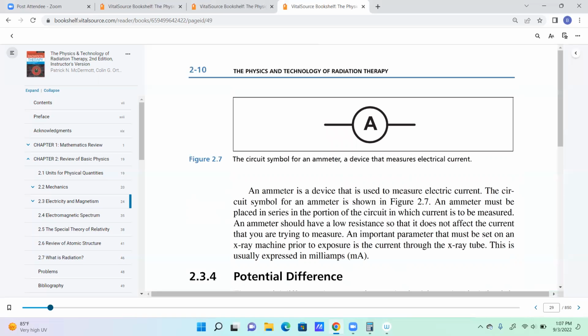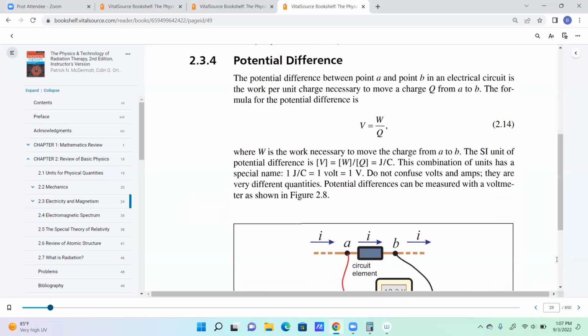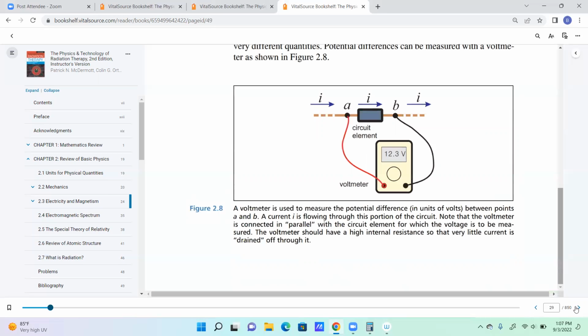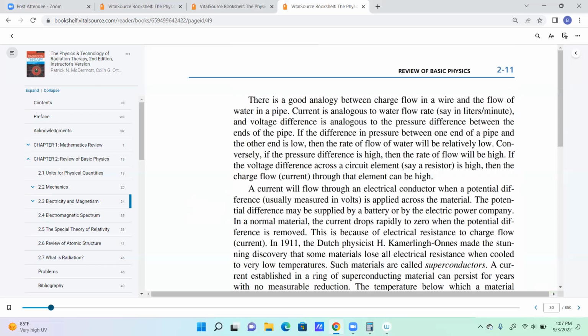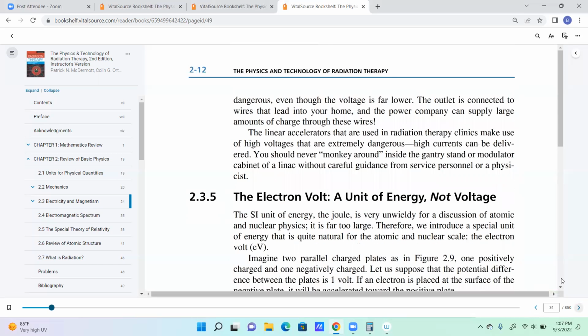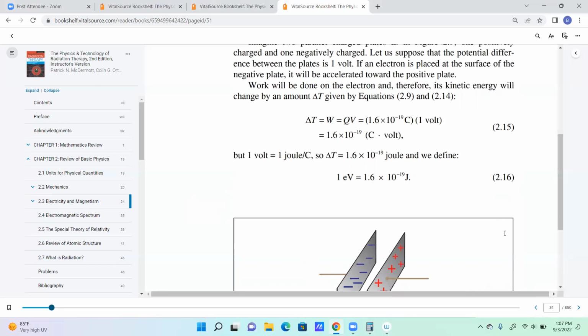Well, potential difference, that's what I needed. The electron. Actually, that's what I needed right there.